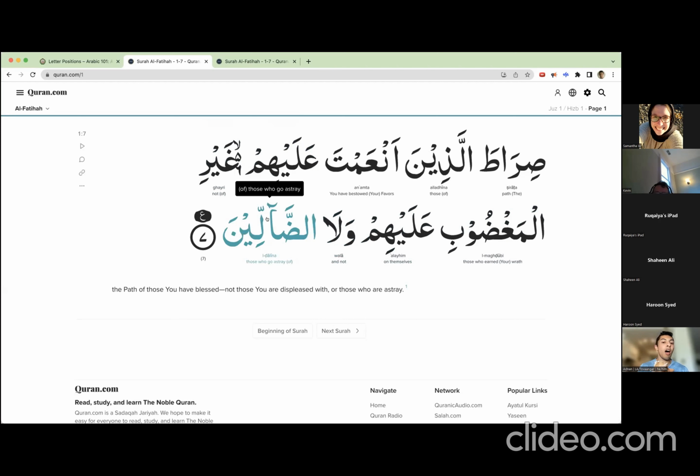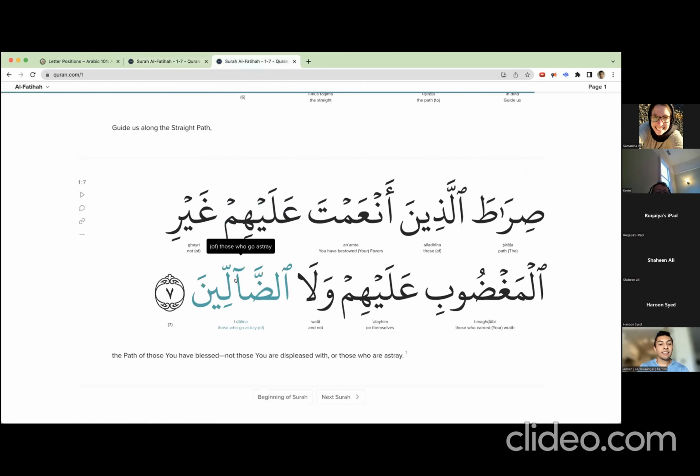Ad-, and then this is an extended alif, okay? Dal, and then it doubles up with this lam, dallin. And dallin means those who go astray, right? Why is it an extended alif?